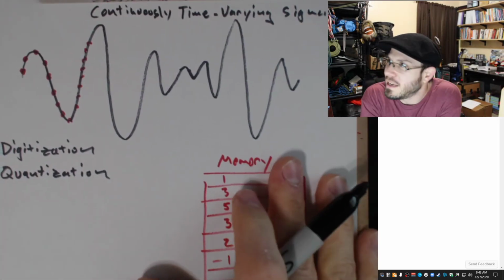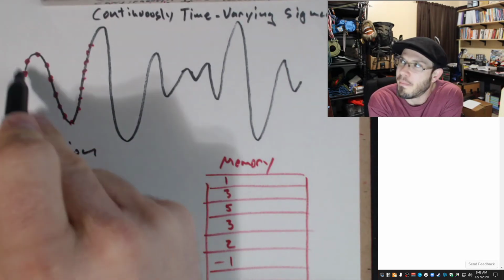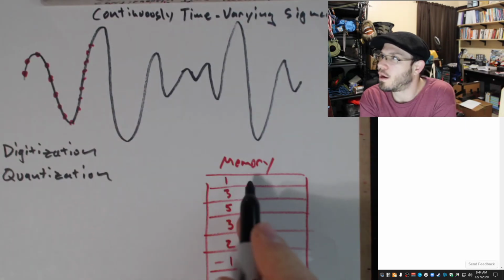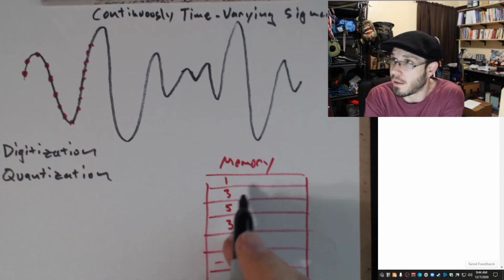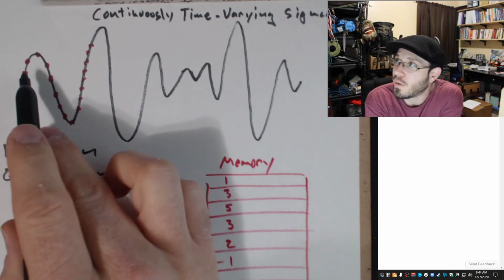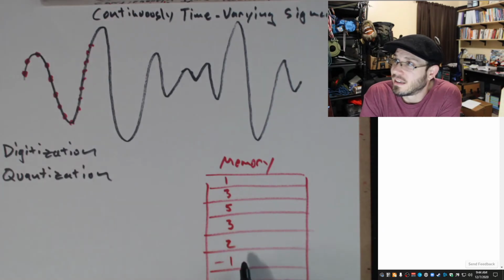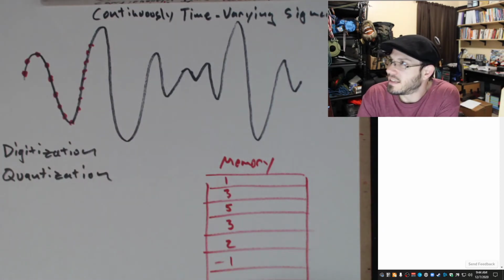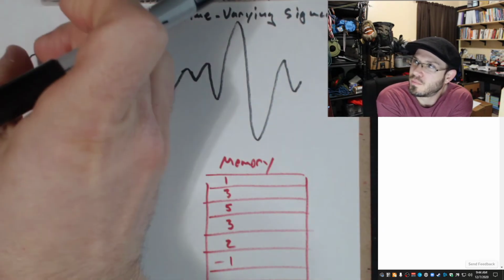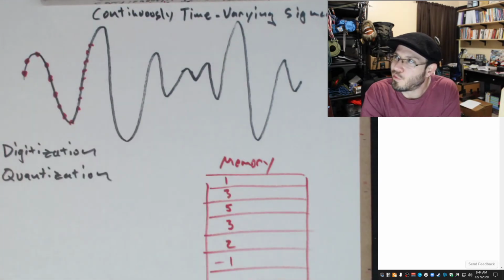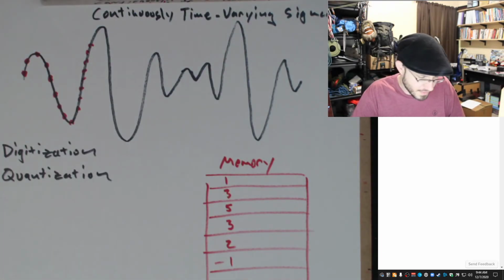Okay, so you're going to be converting a moment in time to a numeric value and storing that in memory. And so, okay, great. But how do I do this? Do I have many points, or do I just have a few points?